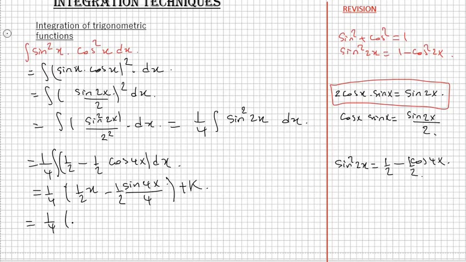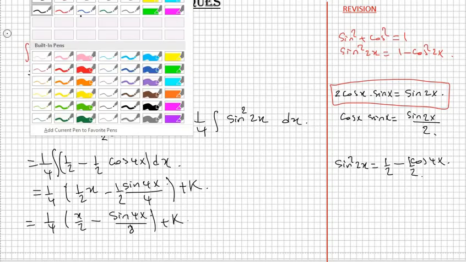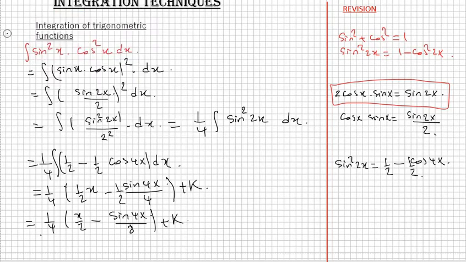So next I have half multiplied by x over 2 minus sine 4x over 8 plus k. So that's the final answer.